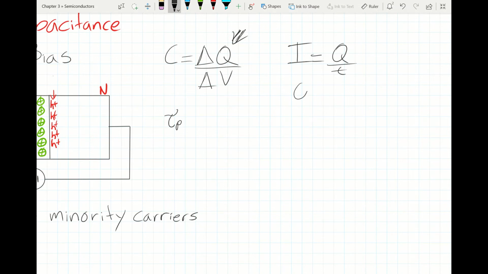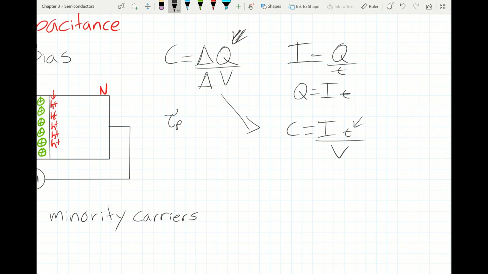So if we solve for charge, we have current times time. So if we plug that into our capacitance equation, we have capacitance being equal to current times time over a certain voltage.